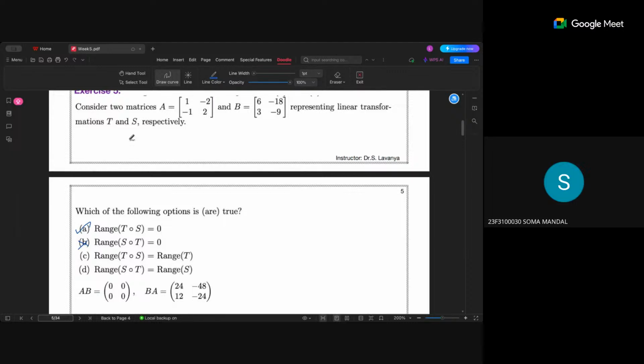See, range of S being 0 means that your matrix B is 0.